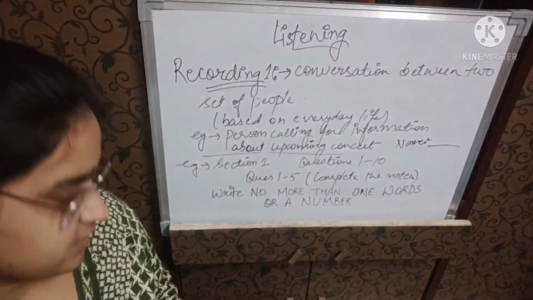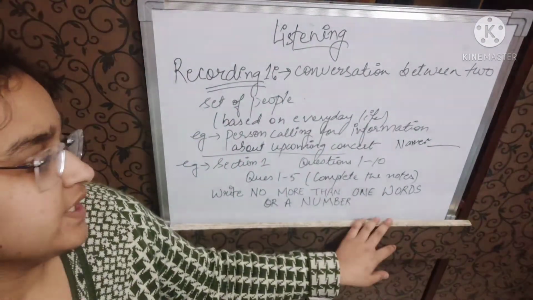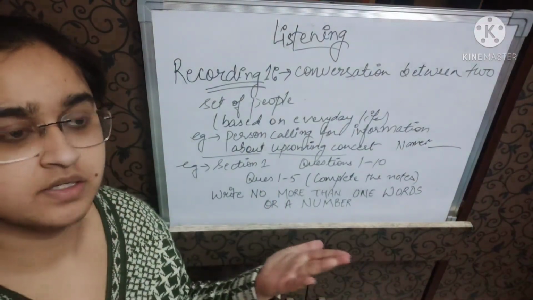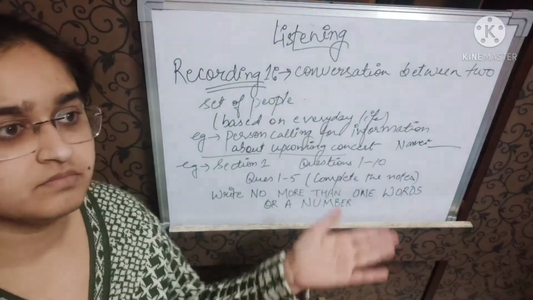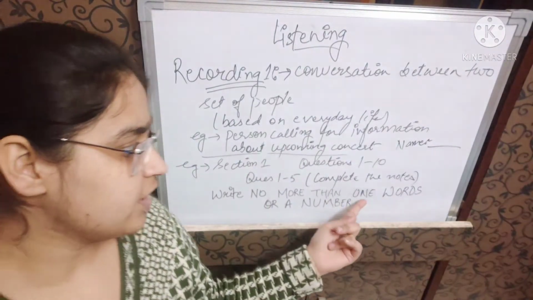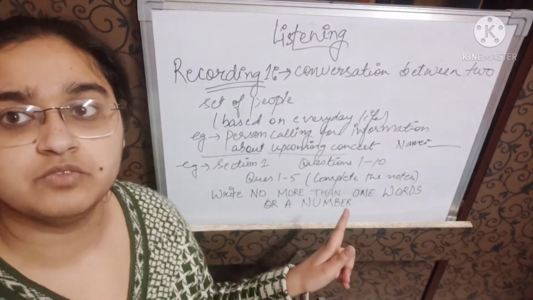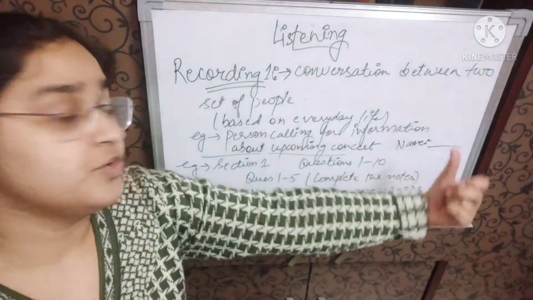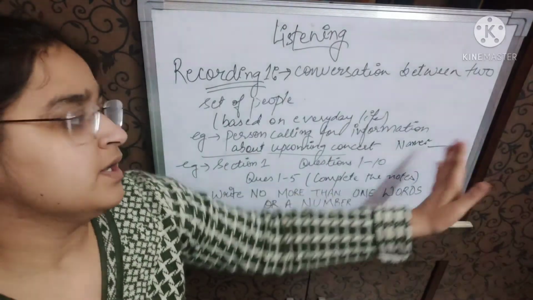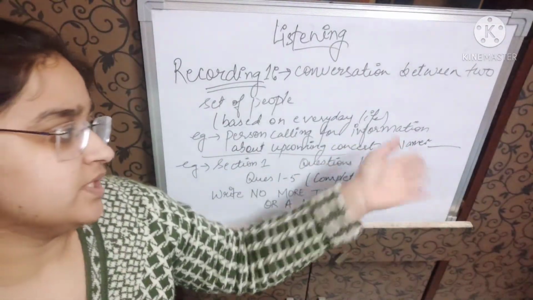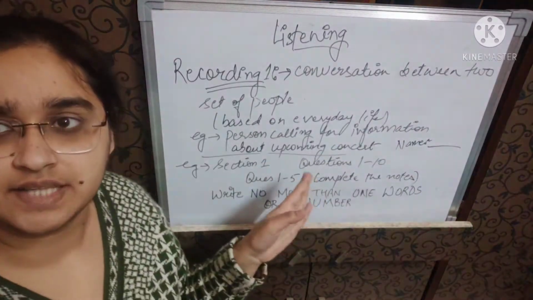And the speaker told the name like Mr. Robert William Hanson. So here you are supposed to write one word, so you will write only Mr. Robert or Robert, right? Or Mr. Hanson.